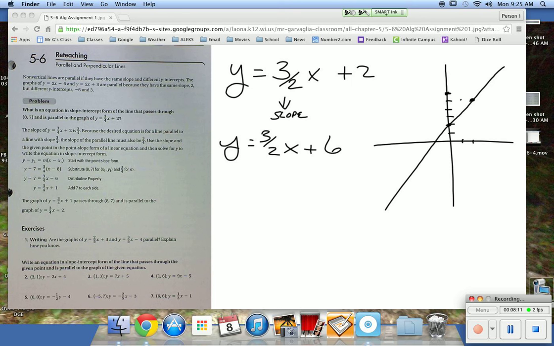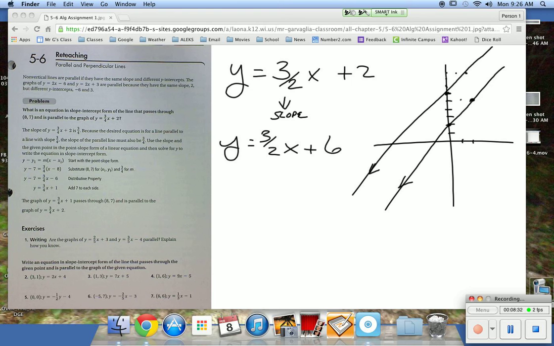But I would still do the same slope, 1, 2, 3 over 2, to have the same slope. Okay? You understand that? So now they're parallel. These two lines right here are parallel because they have the same slope.